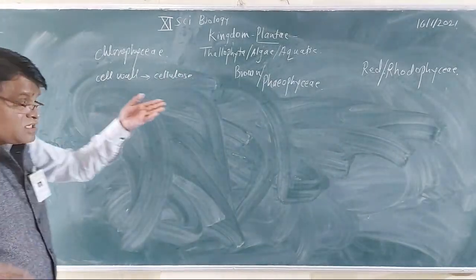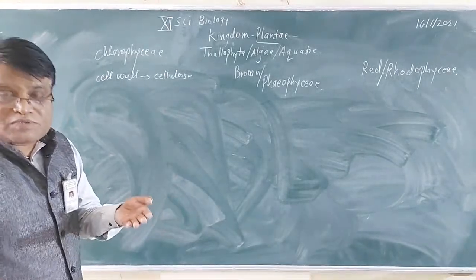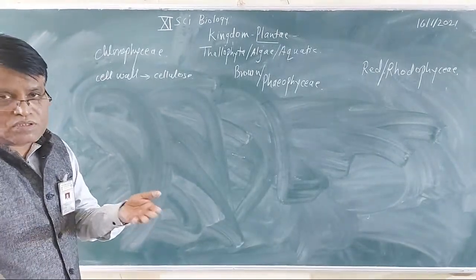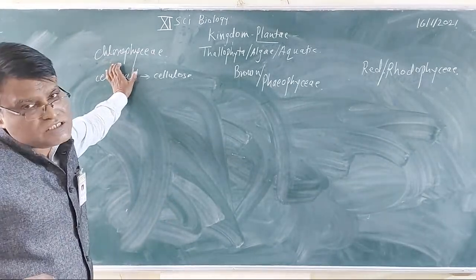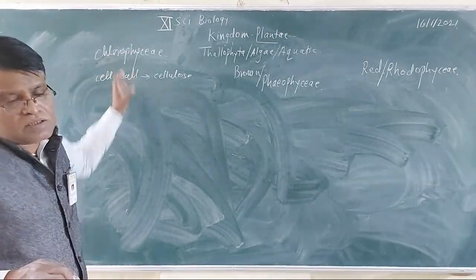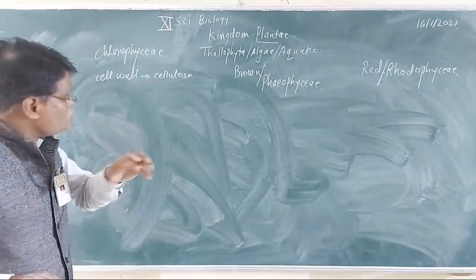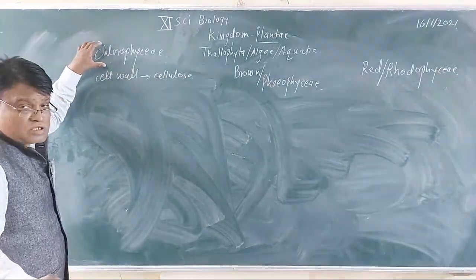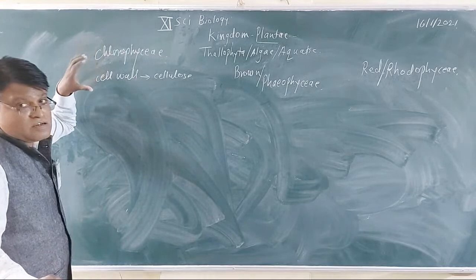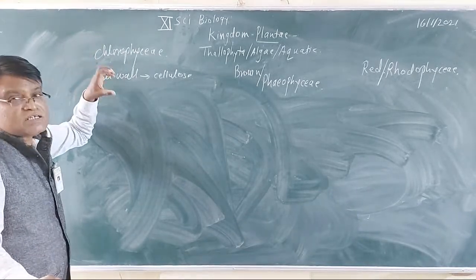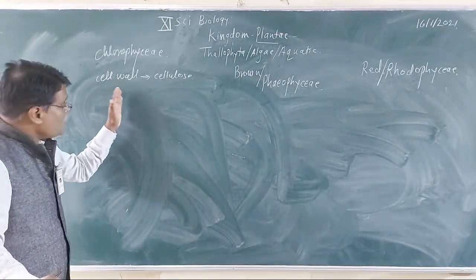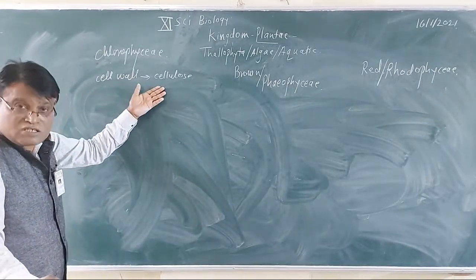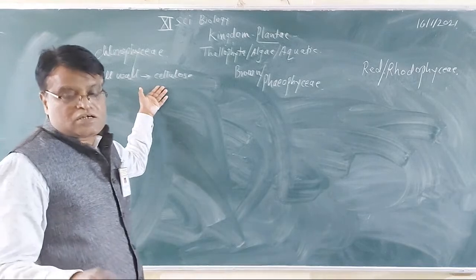Suppose I take a cell and observe it under the microscope, because it is microscopic, unicellular also microscopic. This algae is also found in chlorophyceae as unicellular, simple filamentous, microscopic, unbranched, and the cell wall is cellulose, isn't it?